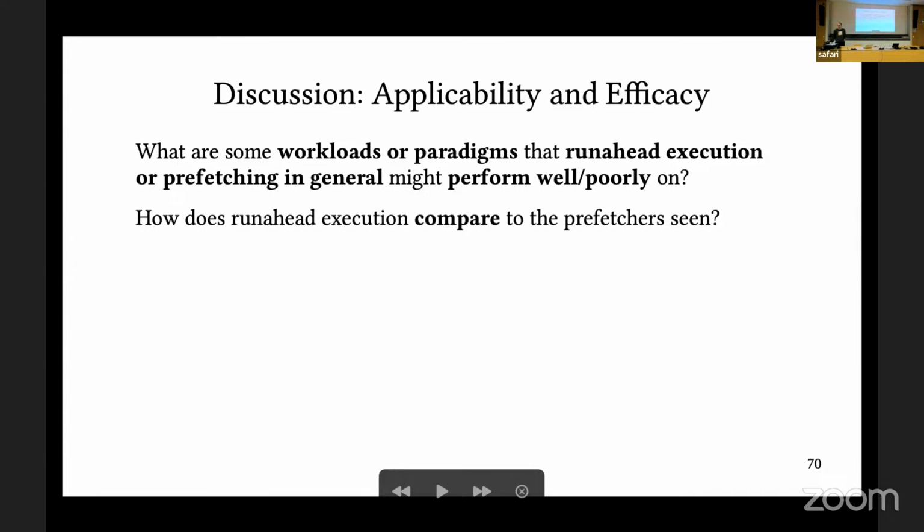One type of workload that I can think of that runahead would work particularly well on is programs that access memory in very sporadic places without any form of pattern. Since whenever we stall, we execute further ahead with runahead, we can load those sporadic memory accesses.